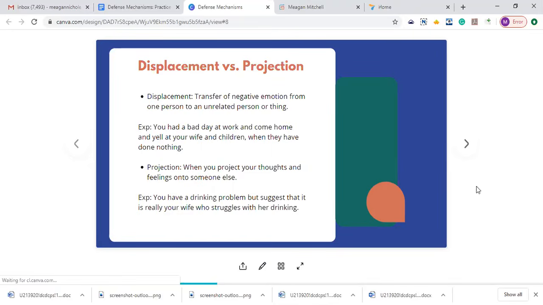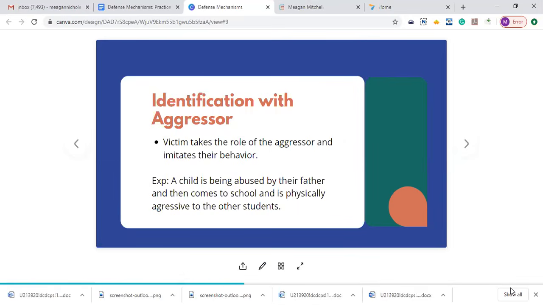Identification with aggressor. This is when someone has been a victim of aggression or a victim of some sort of power differential, and that victim takes on the role of the aggressor and imitates the behavior. Very, very common in the cycle of abuse. The example that I have here is a child is being abused by their father, comes to school, and is physically aggressive to other students.